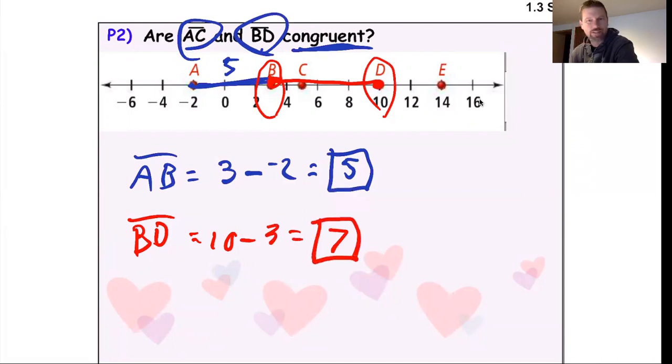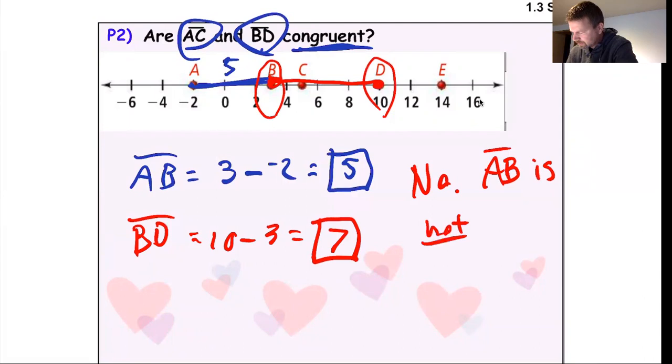Those are definitely not the same length. So the answer is no. AB is not congruent to BD. If they were congruent, they'd be the same length.